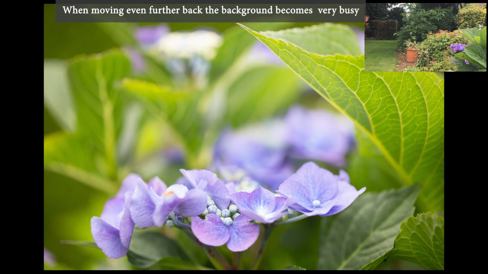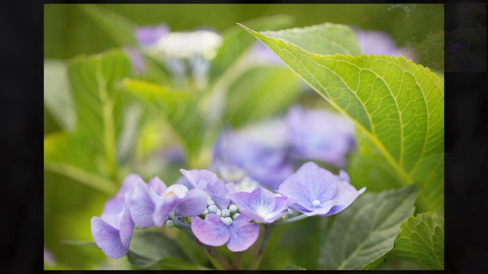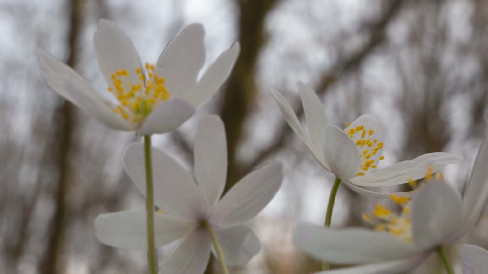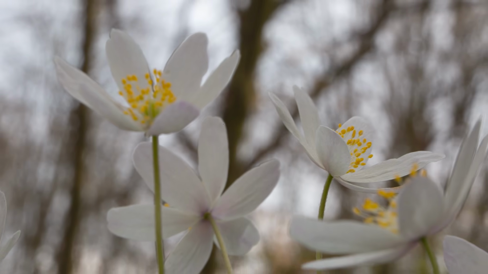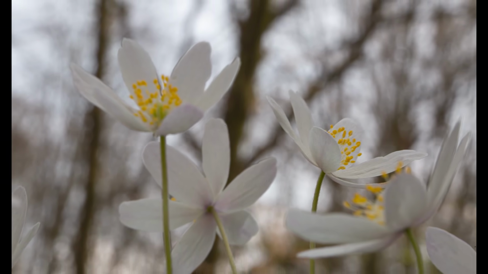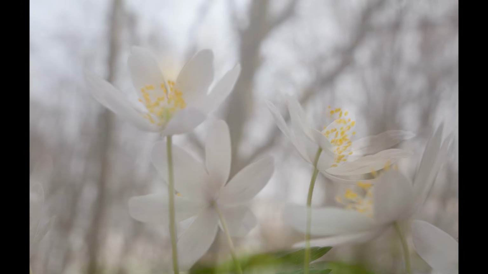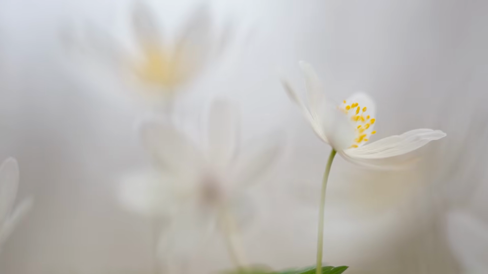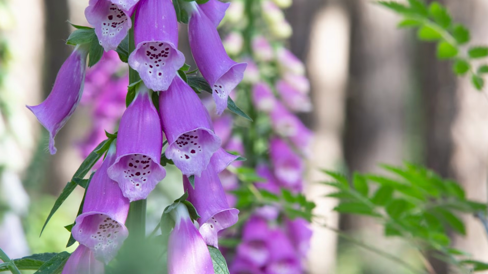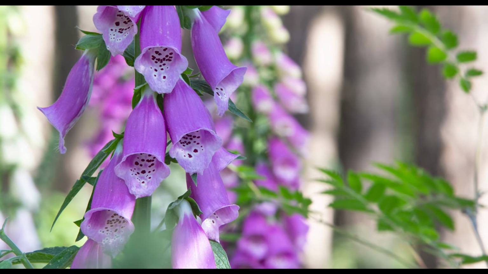So getting in closer could be an option if you want a more blurred background. This all means that in one way or another, we photographers have a lot of control over our background blur. The better we understand how these factors influence our background, the more we will be able to create wonderful flower portraits.